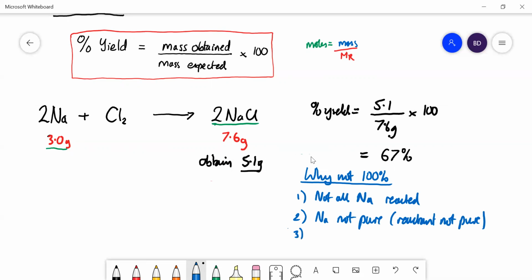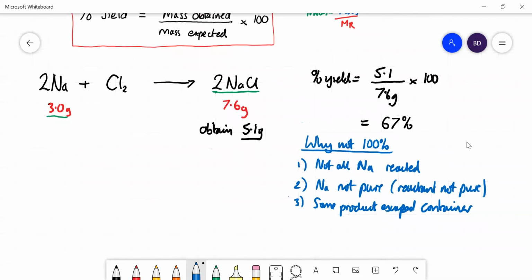And finally, this one will depend on the type of reaction, whether you're making a solid, a liquid, or a gas: some of the product escaped the container. In this case, sodium chloride will be produced as a smoke, and so it could quite easily escape from the container. They usually only ask for 2 reasons, so any 2 of those 3 will be good enough.